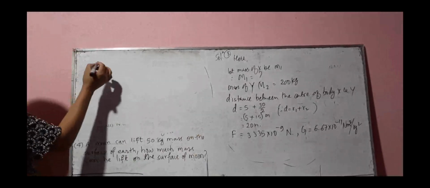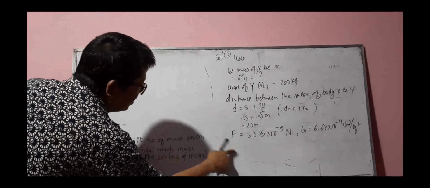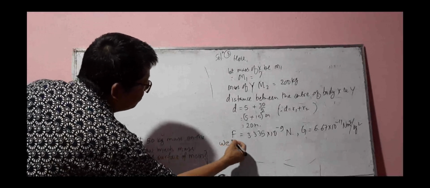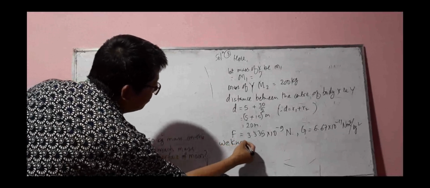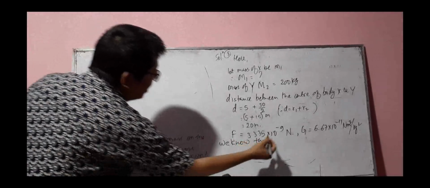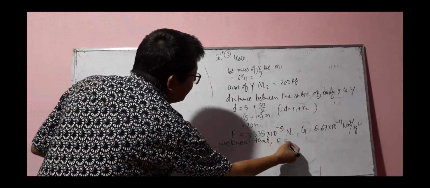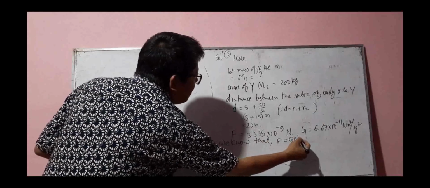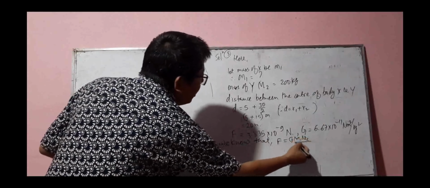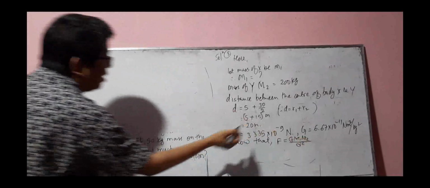Okay, so now we know that, we start here. F equal to G times m1 m2 by d square.